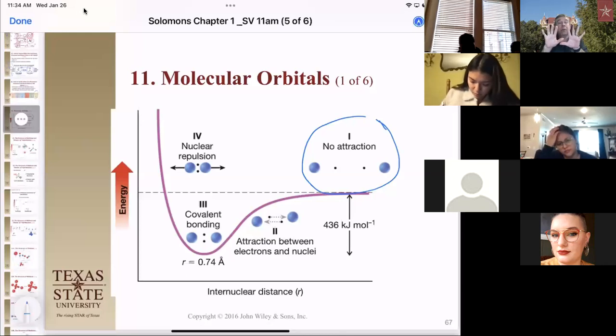That is where we have our covalent bond, okay? If we try to squeeze the things too close together, the positive charges are going to start to push each other apart. You go too far out this way, the negative charges are going to push them apart.